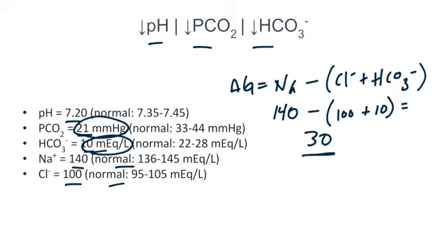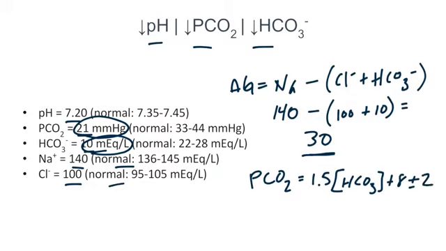At this point, we should think about the Winters formula and determine if the lungs are adequately compensating. Recall that the Winters formula is PCO2 equals 1.5 times bicarb plus 8 plus or minus 2.